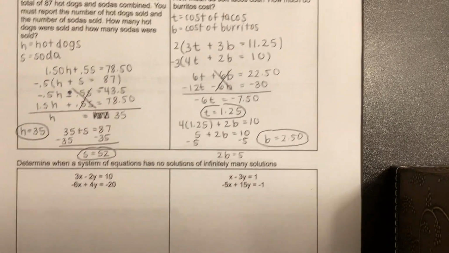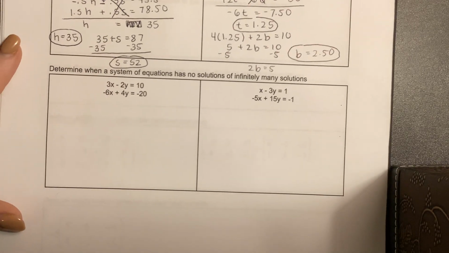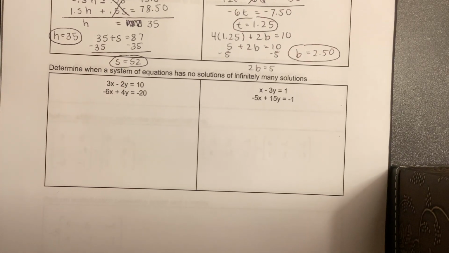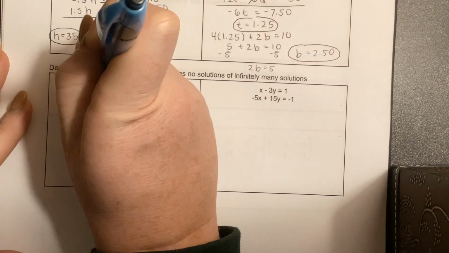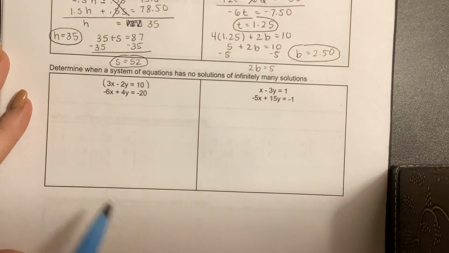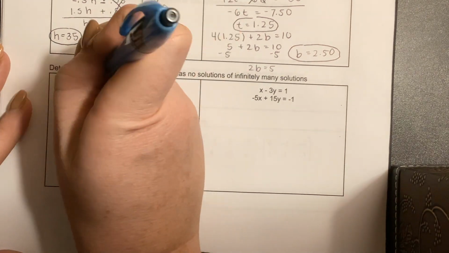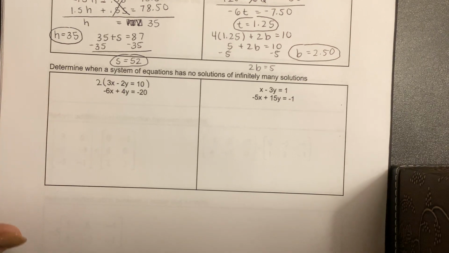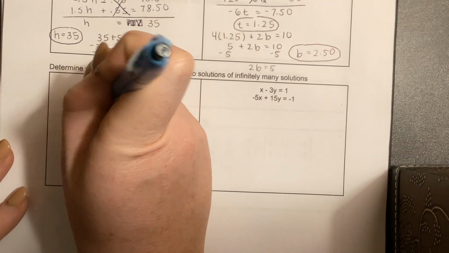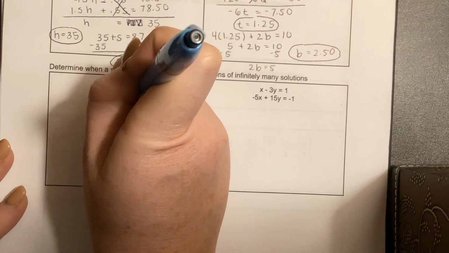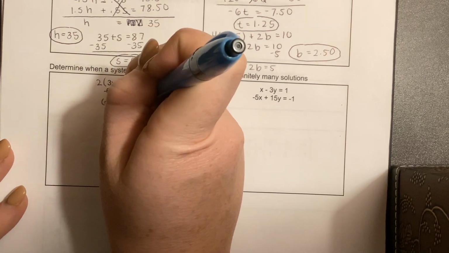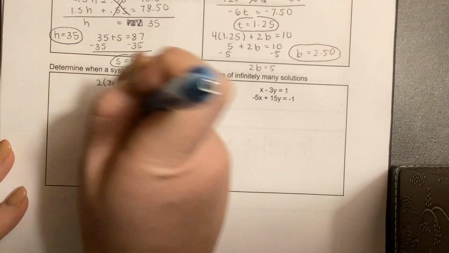Okay, so next one, determine if a system has no solution or infinitely many solutions. So if I was going to start solving this one, and again, I'm just going to show you with elimination. If I wanted to eliminate x's, I'd have to multiply this whole top by 2 because that would give me a positive 6x and a negative 6x. So I'm going to get 6x minus 4y is equal to positive 20.